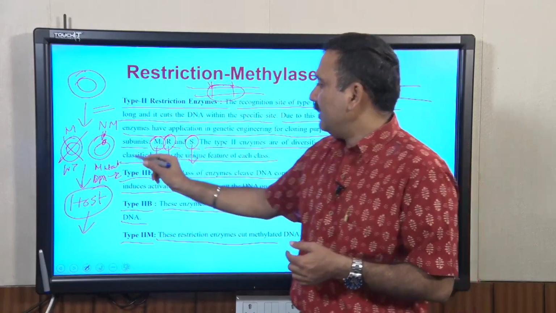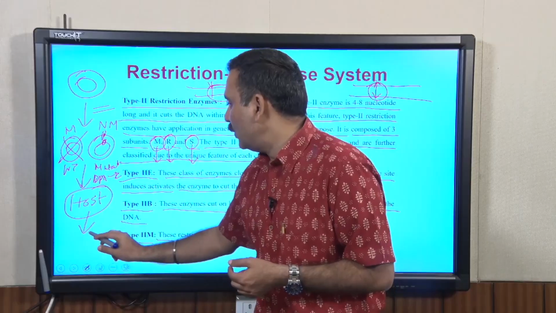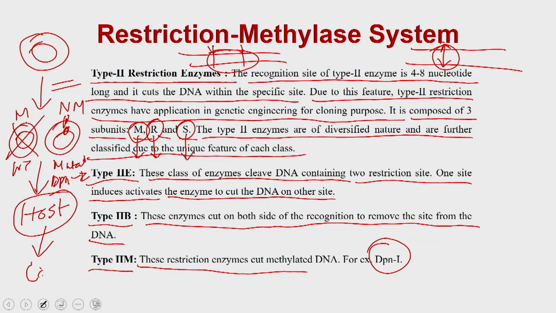And then if you transform that into the host, you are going to get colonies, and that colony is going to contain only the plasmid for the mutant, and then you can take out the colonies and do the sequencing to confirm that the mutation is done.